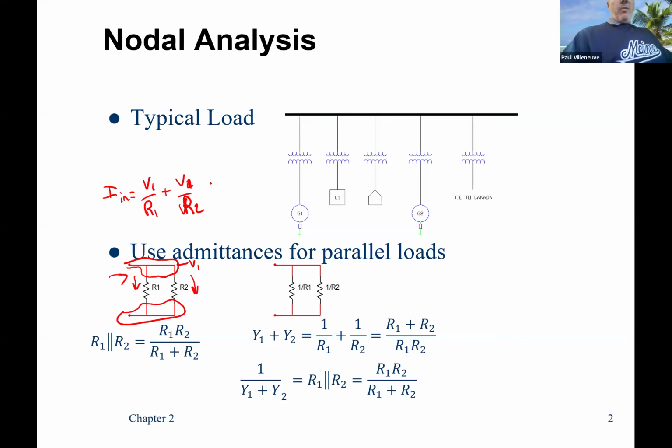And if we do a little bit of work, we see that IN is going to be equal to VN times 1 over R1 plus 1 over R2. That's equal to VN, and we have to do a common denominator, so that's R1 R2 over R2 plus R1.